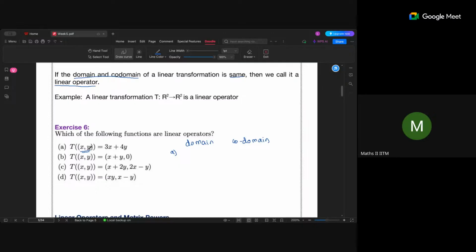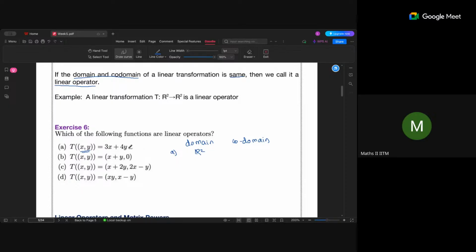Which space? Is it that difficult? Is my question not clear? Yeah, it's R2. Good. So your domain is R2. It is just a vector (x, y) in R2. What is the codomain?